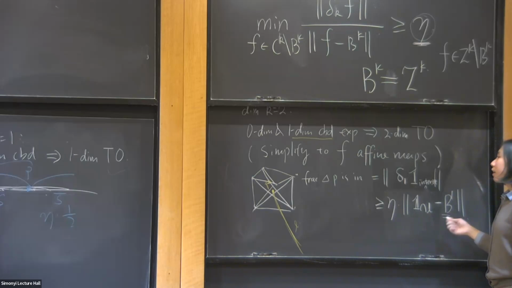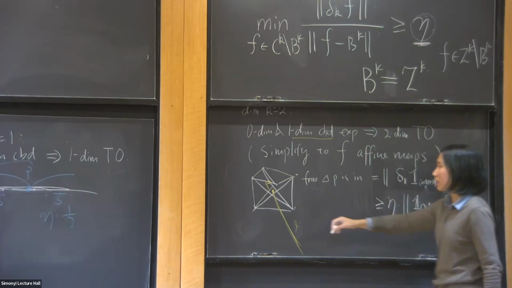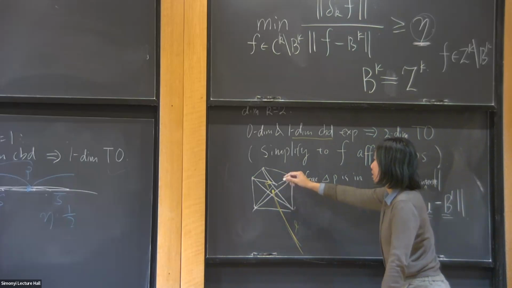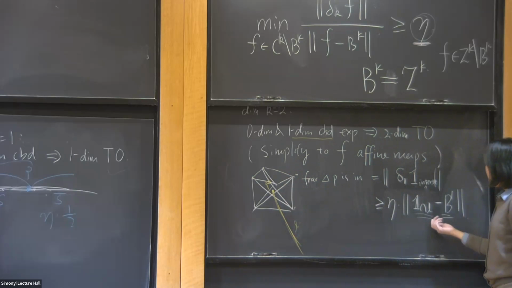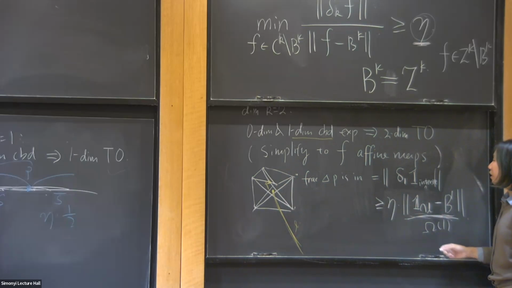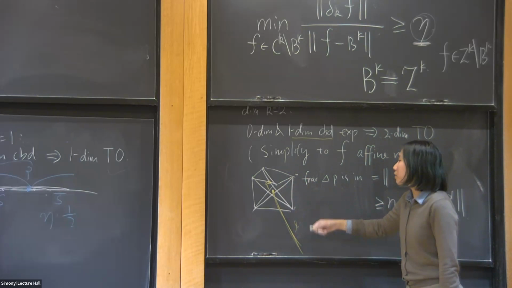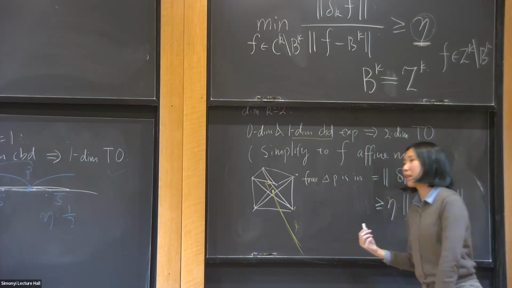B1 is the set of all cuts, and this may not be a cut; in some sense it is almost half a cut, a partial cut. If this quantity is large, if it is omega of 1, then we're already done, because that says this P lives in a constant fraction of triangles.